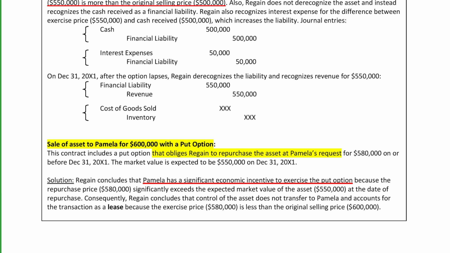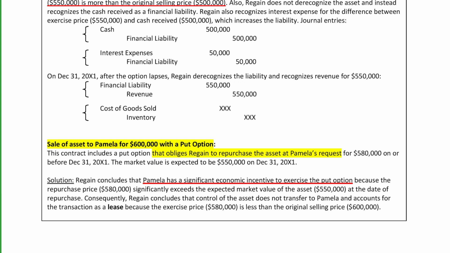So to keep it very simple, think of this transaction or the contract as a lease arrangement where Pamela pays $600 to Regain at the beginning of the year and at the end of the year takes back $580. So the $20 shortfall is like the lease rental for the year that Pamela pays to Regain.